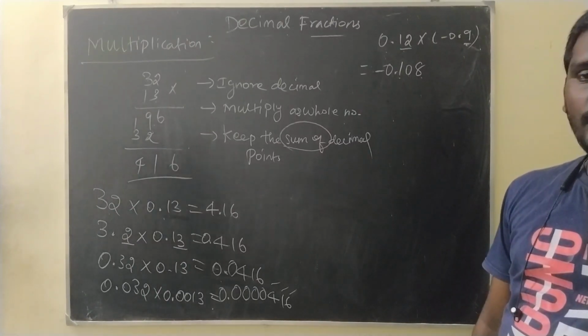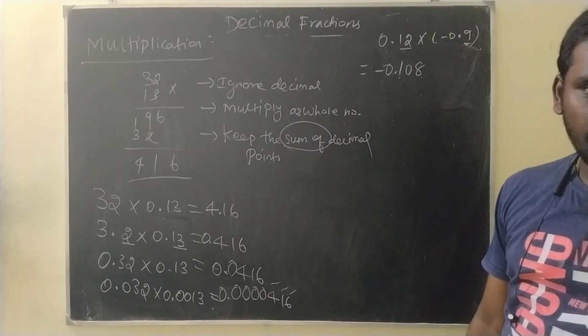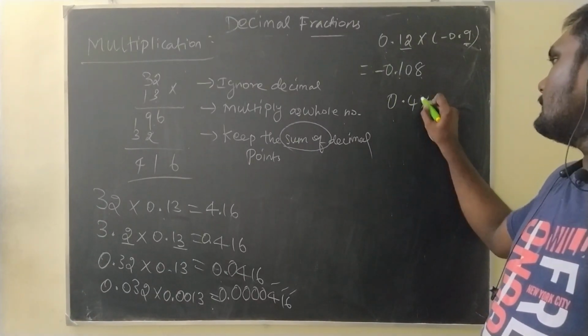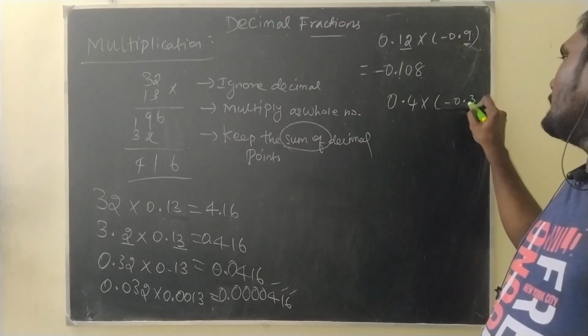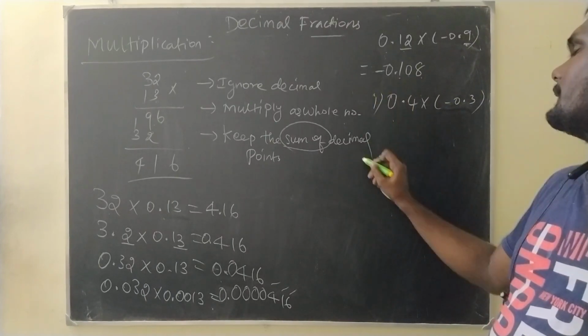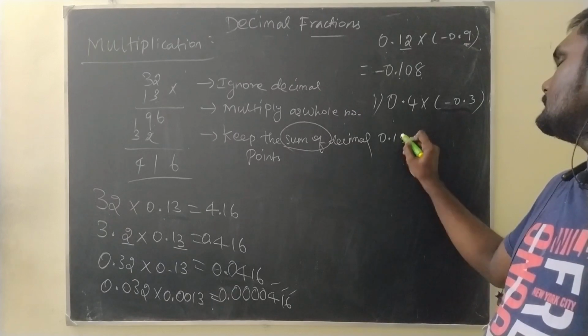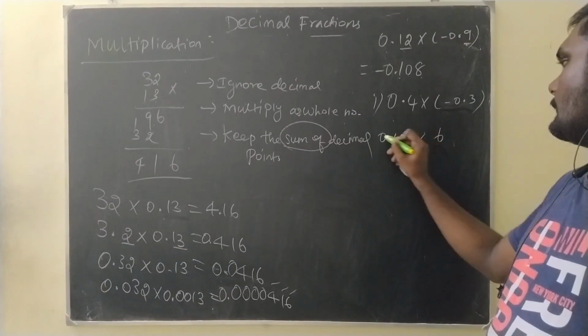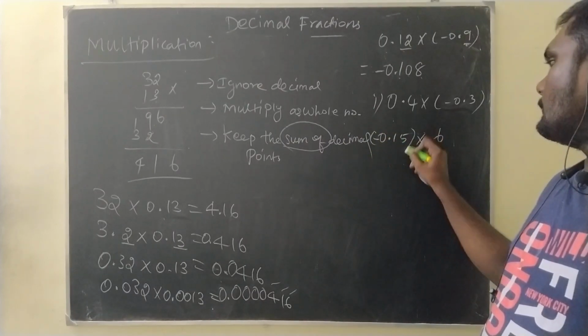Negative 0.108. Here, the same way, 0.4 into minus 0.3. What is the answer for this? Negative 0.6.